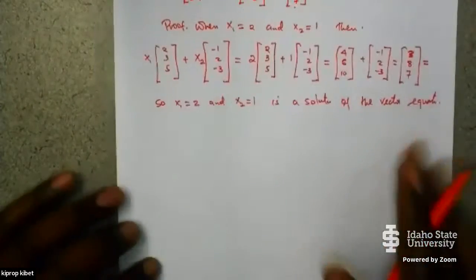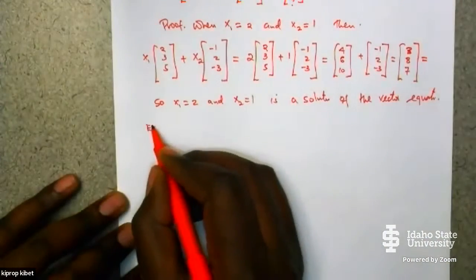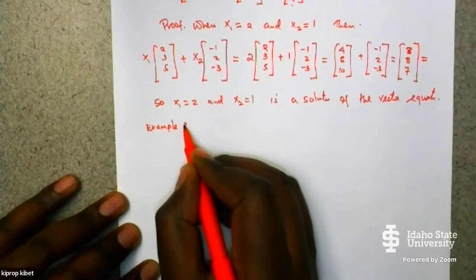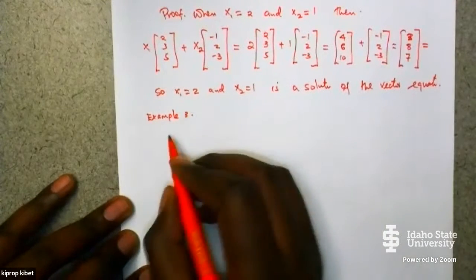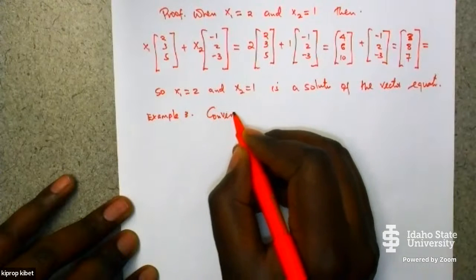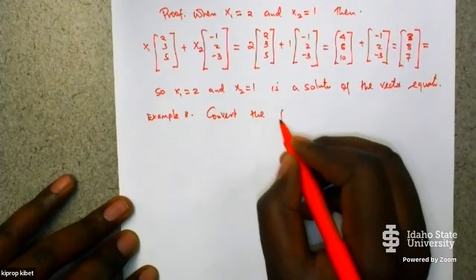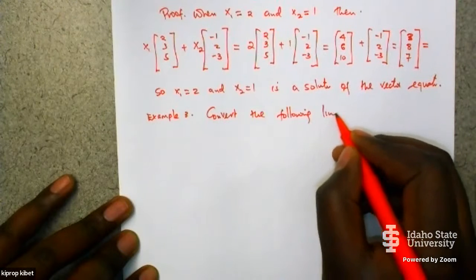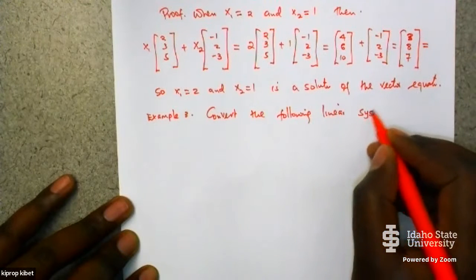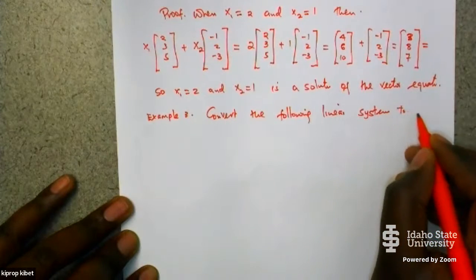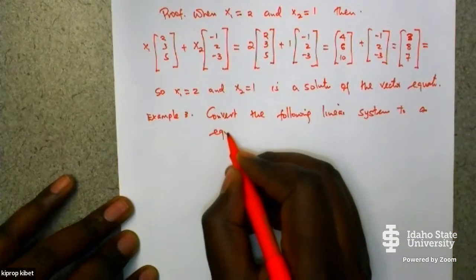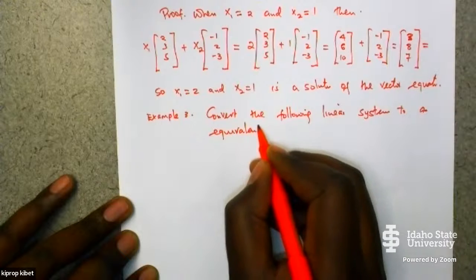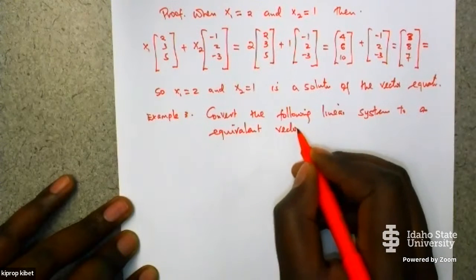Okay, let's look at example number 3. Convert the following linear system to an equivalent vector equation.